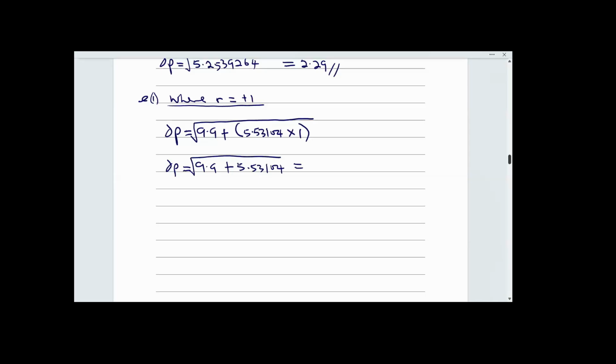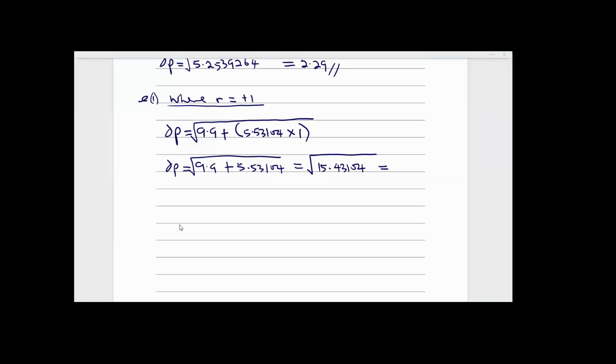So I would then say 9.9 plus 5.53104 equals 15.43104, and we have the square root of that. So for the final answer, just press square root.